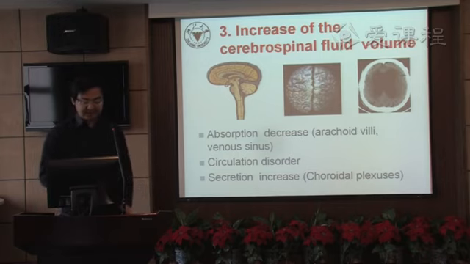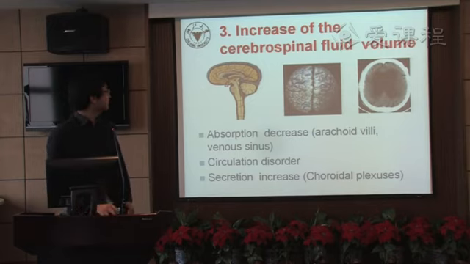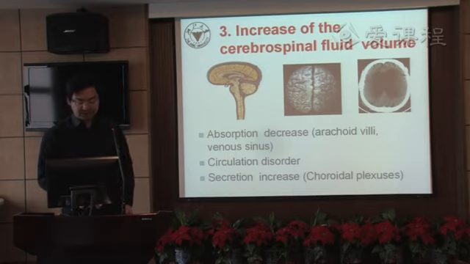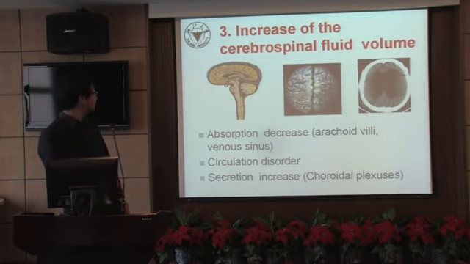Another reason is CSF circulation disorder. Sometimes a brain tumor can obstruct the CSF drainage, and the circulation will be obstructed. We call it circulation disorder. So absorption decrease, circulation disorder, and increased secretion.